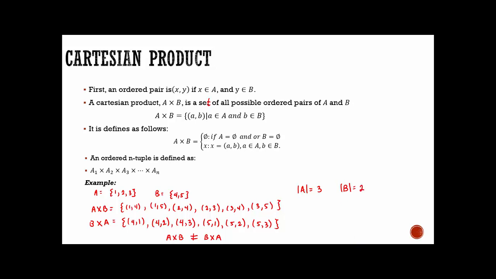So if you know the cardinality of A and of B, then you can compute the size of the Cartesian product. That would be the cardinality of A times the cardinality of B. So in this case, that will be equal to 6 elements. And as you can see, for both cases, the cardinality of this Cartesian product is 6, and the number of elements is also 6.